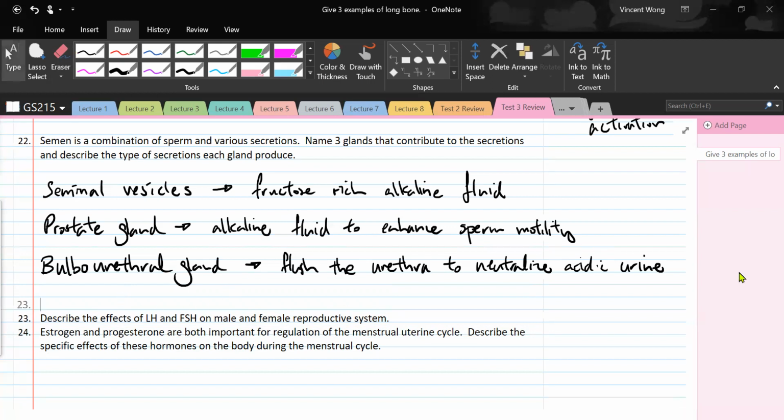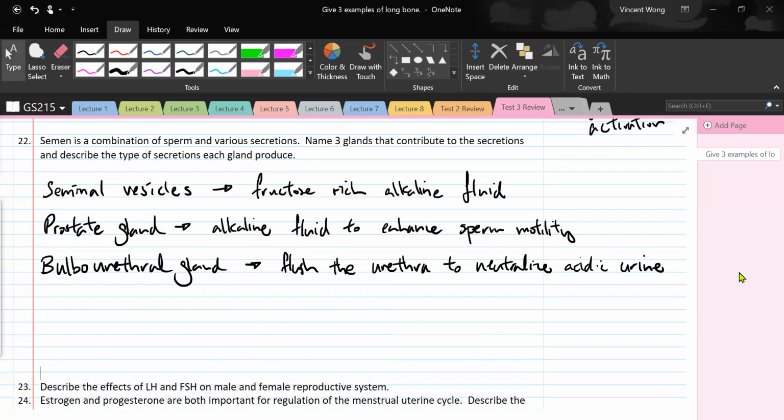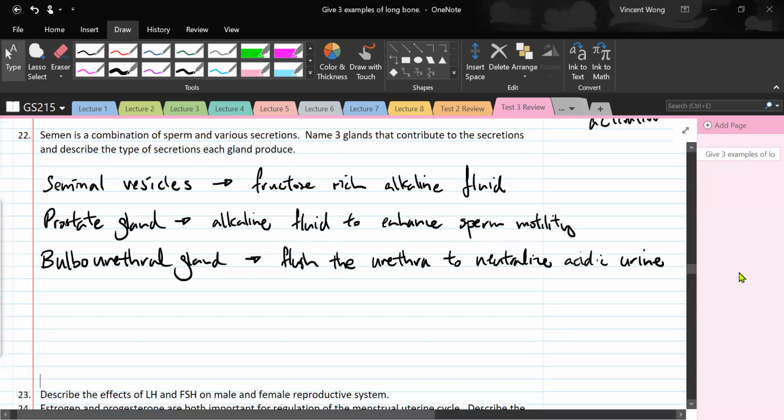Now, just to give you a path for the sperm. They're of course made in the testes, and they will continue to mature and be stored at the epididymis. Okay, and then when they're ready to come out, they have to go through the vas deferens.